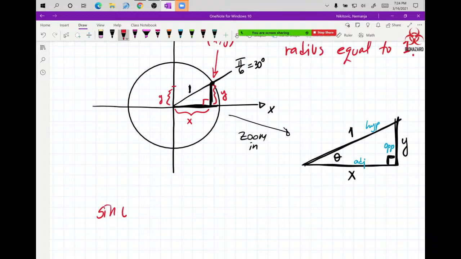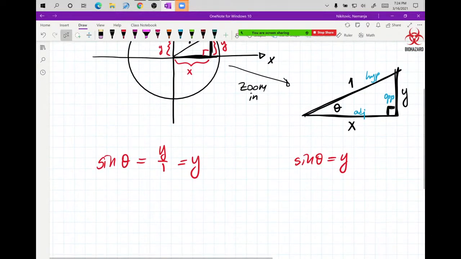So sine theta, looking at that triangle, is opposite over hypotenuse. That's just y. Wow. So sine theta is going to give me the y coordinate of the point. The cosine theta is adjacent over hypotenuse, that's x over 1, that's x.